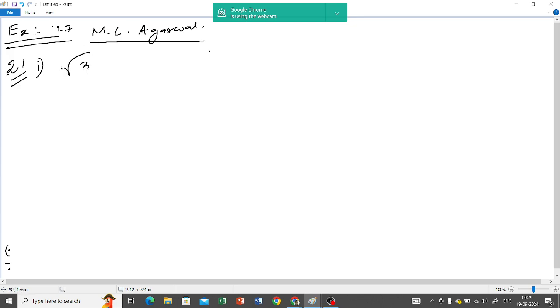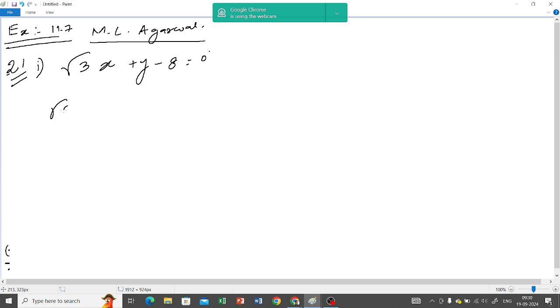So root over 3x plus y minus 8 is equals to 0, this is what we have. I have to reduce it to normal form.